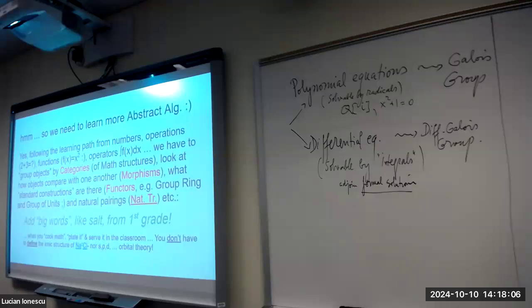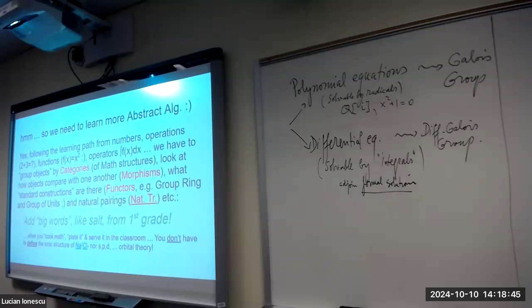We don't need to know the technical term of what a category is, but use the intuition behind the English term. We group these objects by categories, which we can call mathematical structures. And then we look at our objects of study, like groups, rings, fields, and so on, or topological spaces, and compare them with one another, which are the so-called morphisms in the language of category theory.